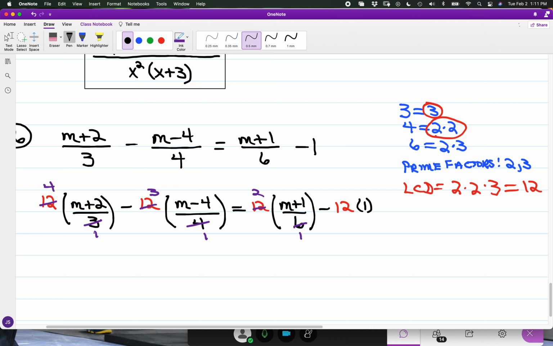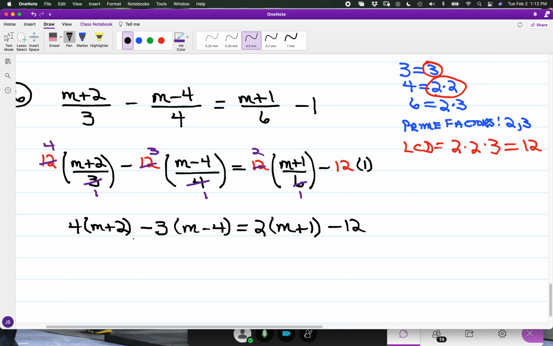Again, 3 will go into 12 4 times, and 4 will be distributed over m plus 2. Again, we had the subtraction, 4 went into 12 3 times, but we're going to distribute negative 3 over the quantity of m minus 4. And 6 went into 12 2 times, and that is going to be distributed over the quantity of m plus 1. And we have negative 12 times 1, which will be minus 12.